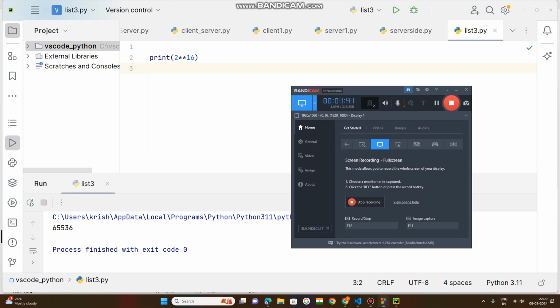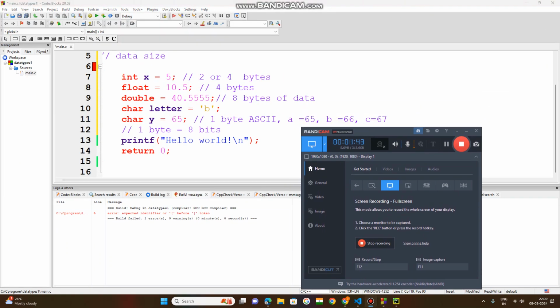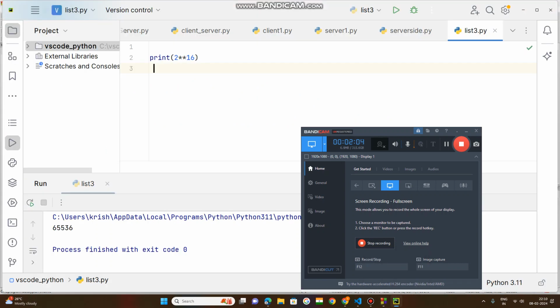So we were discussing the int data type and its data storing size, which is 2 or 4 bytes. I told you that 1 byte is equal to 8 bits, so 2 into 8 is 16 bits. 2 to the power 16 gives the result 65,536.